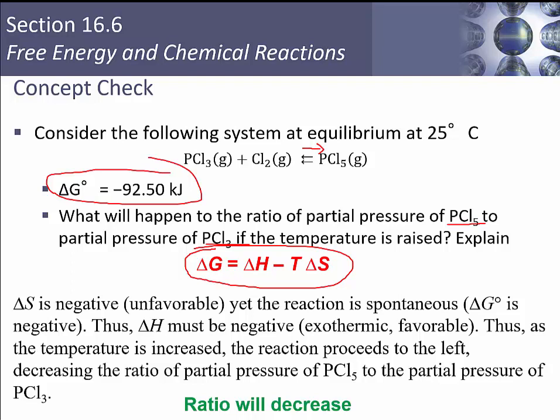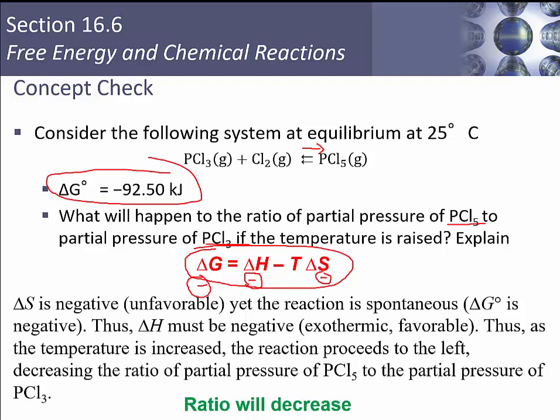Delta S is going to be negative. It's unfavorable because we're going to fewer moles of gas. We have 2 on the left and 1 on the right, so we end up with a negative delta S. So delta H has to be negative. In order for it to be spontaneous, delta G has to be negative.